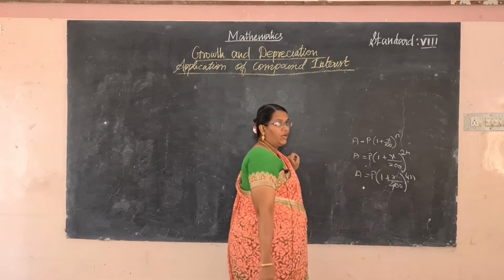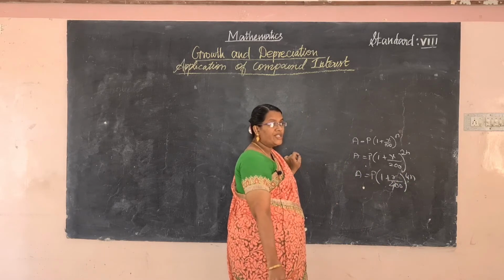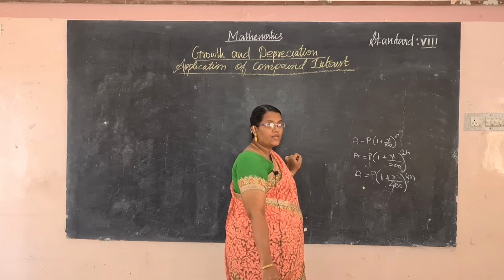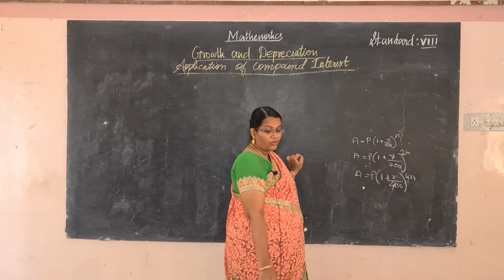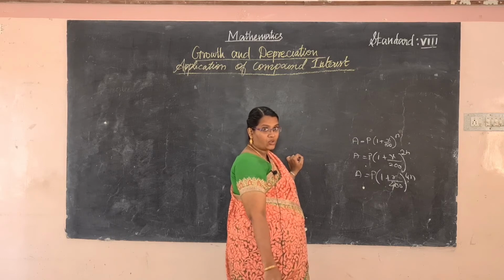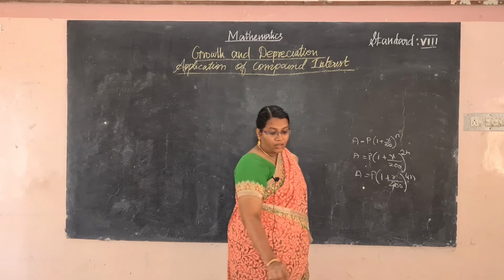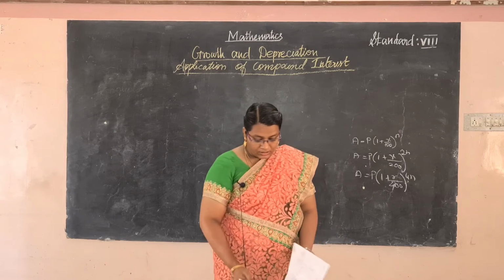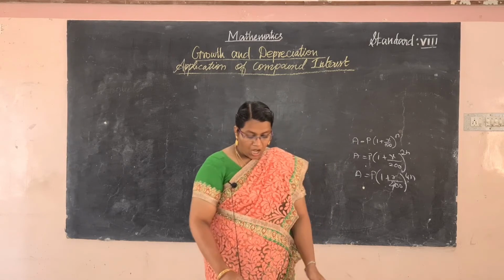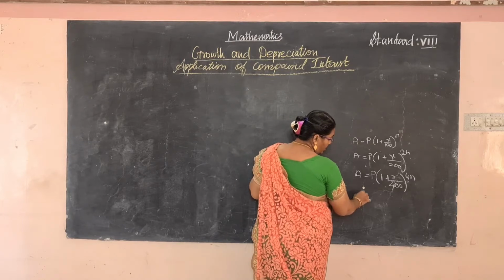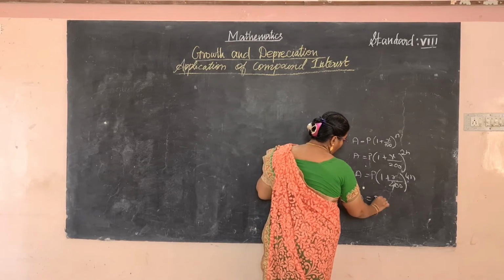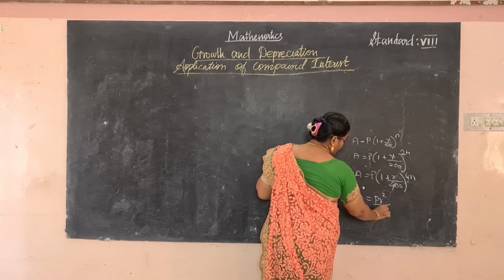And one more formula we have learned is for the difference between the compound interest and simple interest for 2 years. The difference D is equal to P R squared by 100 squared.